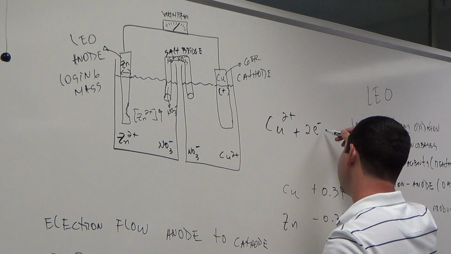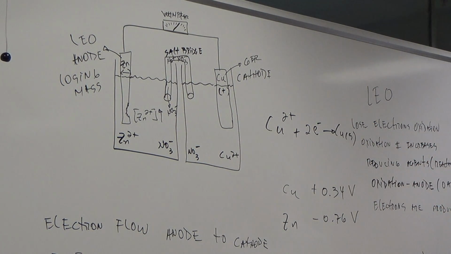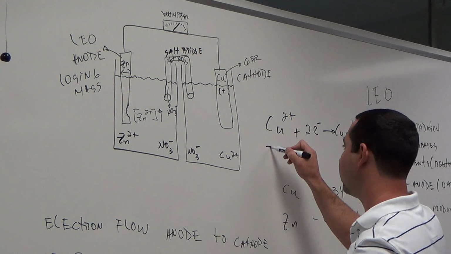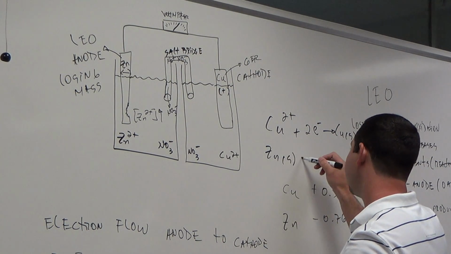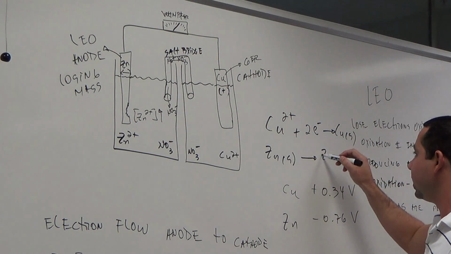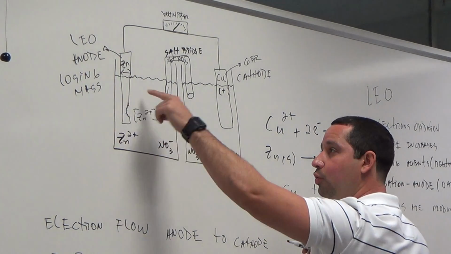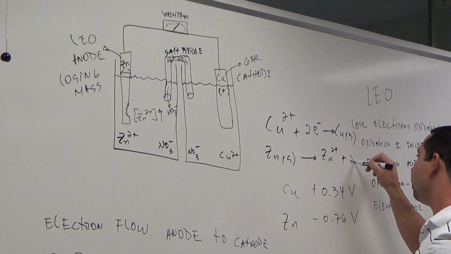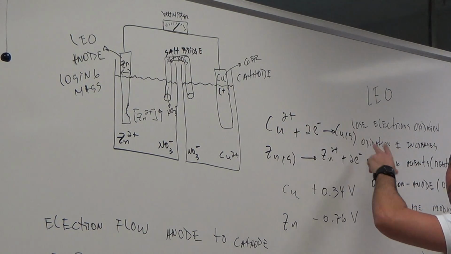Copper 2+ plus 2 electrons will give you copper solid. This is called a reduction. The oxidation was zinc solid making zinc 2+, which lost the electrons and became zinc 2+ plus 2 electrons. These 2 electrons were the ones used for this reduction.